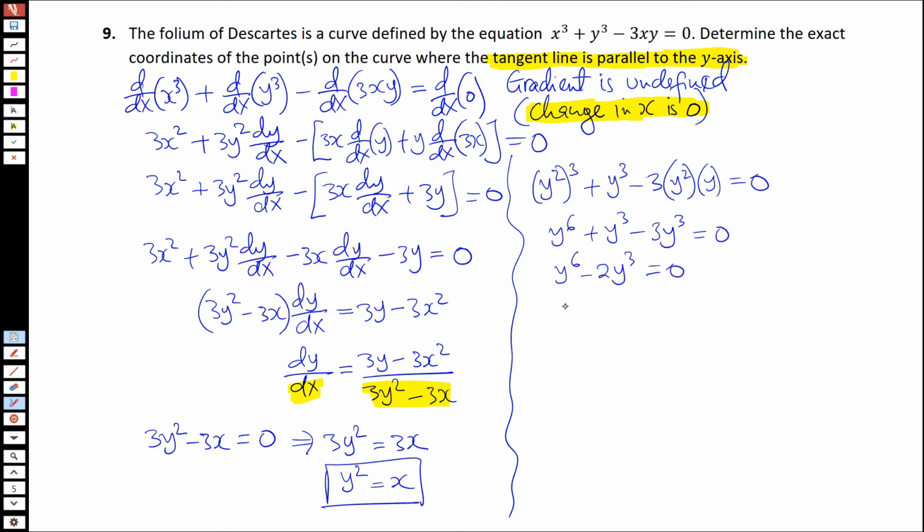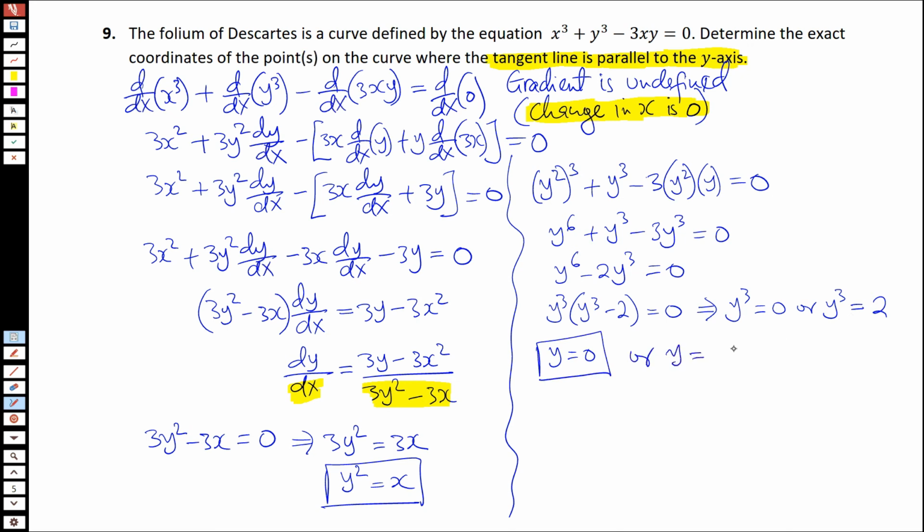Then you factorize out y cubed, so y cubed into (y cubed minus 2) equals 0, which implies that either y cubed equals 0 or y cubed equals 2. So it follows that either y is equal to 0 or y is equal to the cube root of 2, which is just 2 to the power a third.